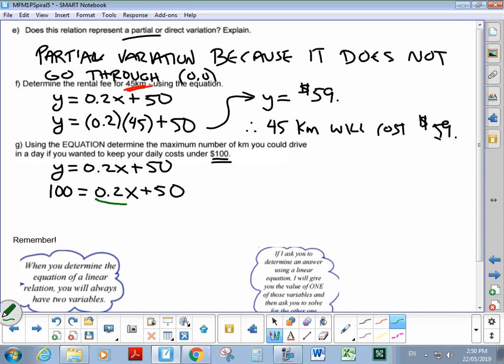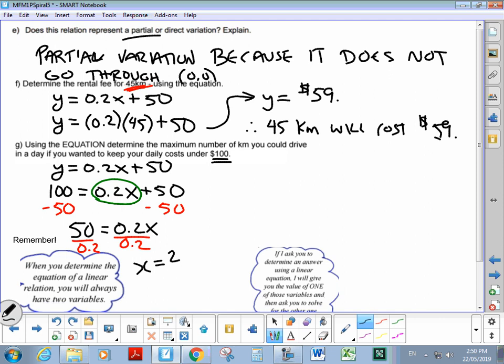We want to isolate the x term, which means we need to get rid of the 50. So we subtract 50 from both sides, and that means 50 equals 0.2x. We want to get x by itself, so we divide by 0.2. And we get x equals 50 divided by 0.2, which is 250 kilometers.